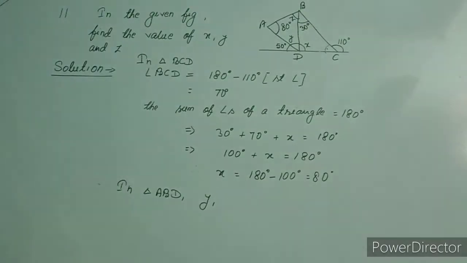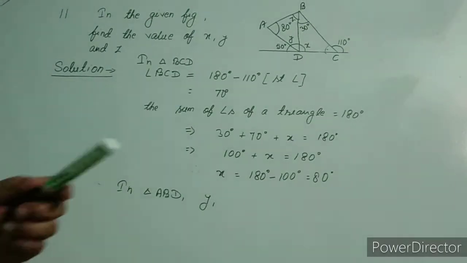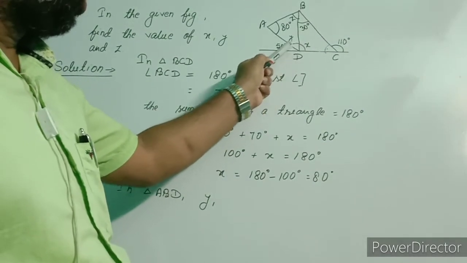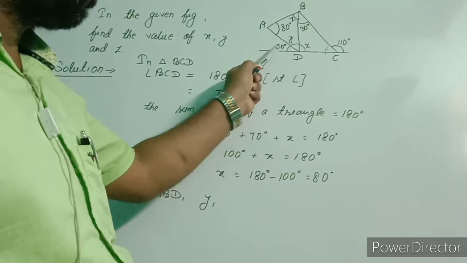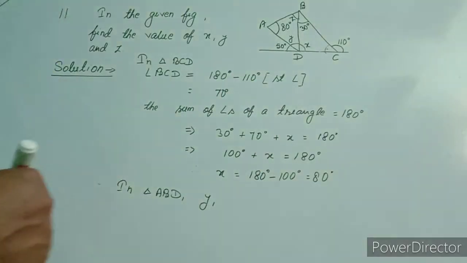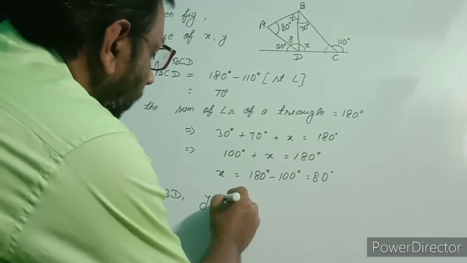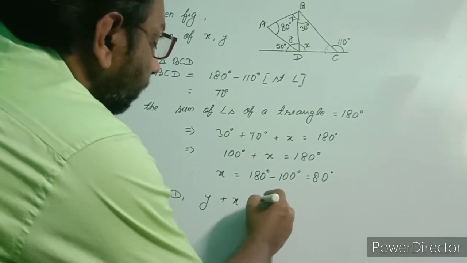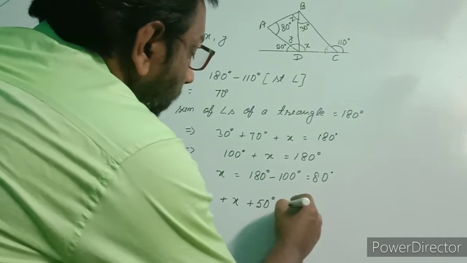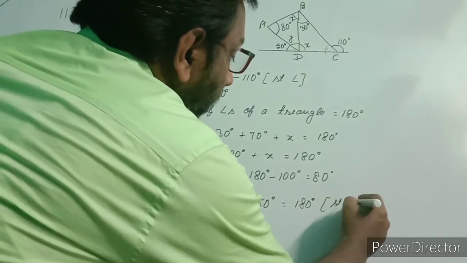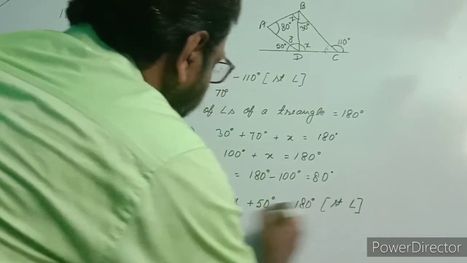In triangle ABD, y equal to 180 degree minus x plus 50 degree, or for more clarification we can write y plus x plus 50 degree equal to 180 degree. In bracket we write straight angle.